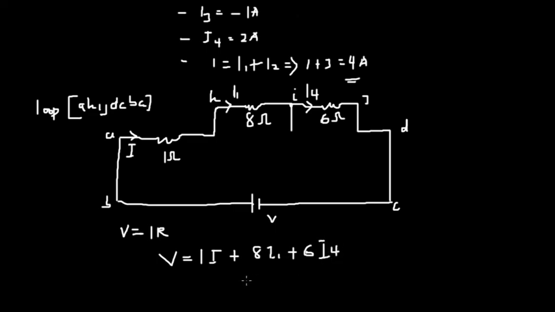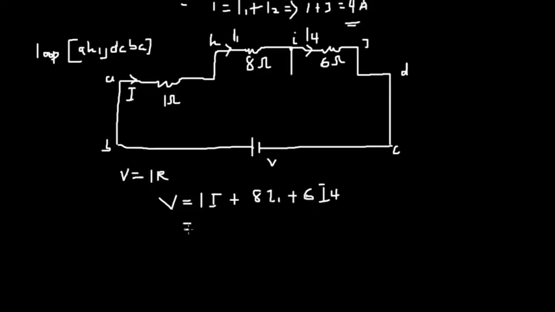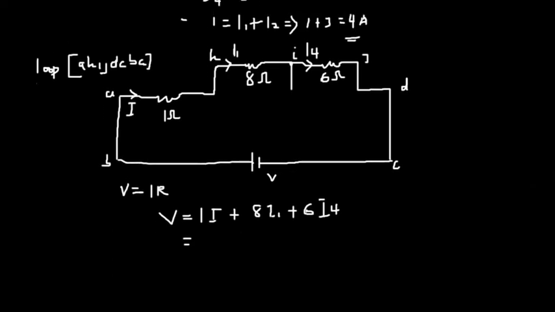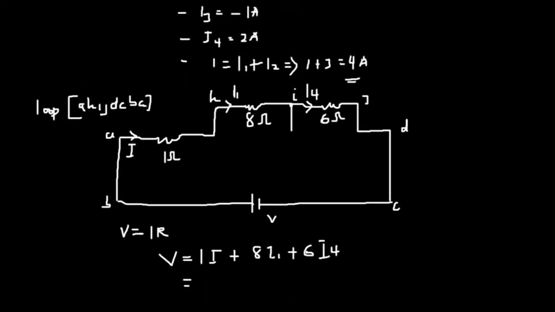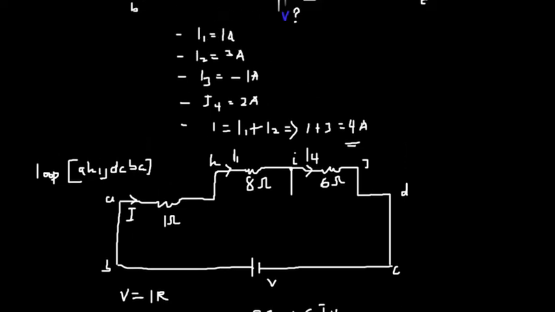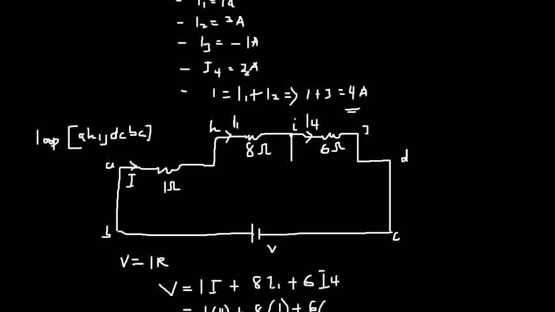Now let's insert the values for our currents. You know that I is 4, so we have 1 multiplying 4, plus 8 multiplying I1, which is 1 ampere, plus 6 multiplying I4, which is 2.